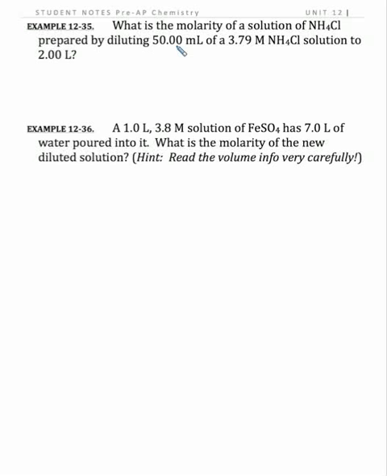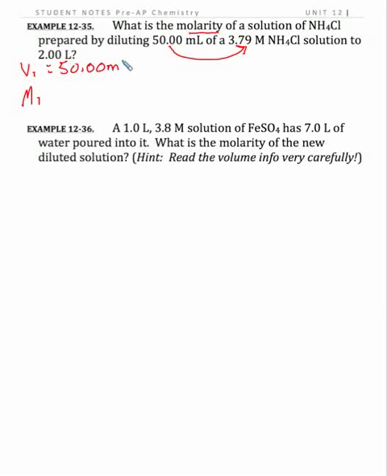All right, let's look at the first one here. It says, what is the molarity? Now, I messed this up. I had to redo this video because I got my volumes wrong. Notice that it's 50 milliliters of that molarity. Now, it doesn't matter what we call V1 and V2 and M1 and M2 as long as we link them properly, and I messed that up.